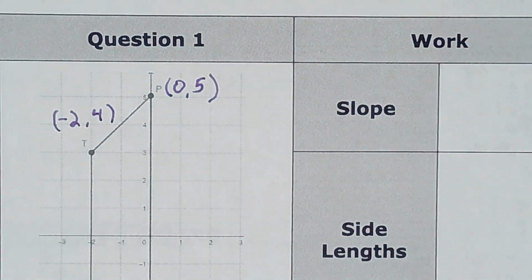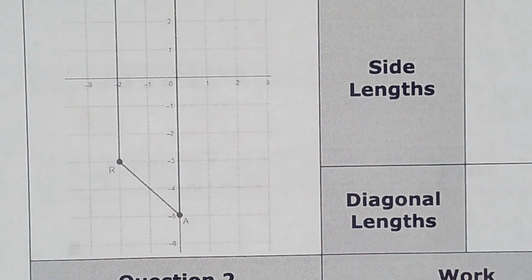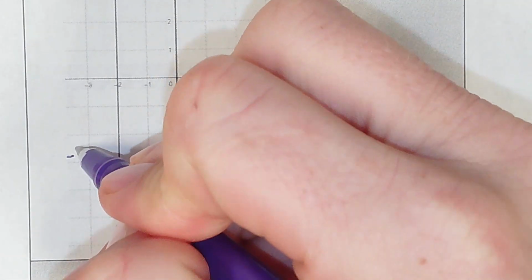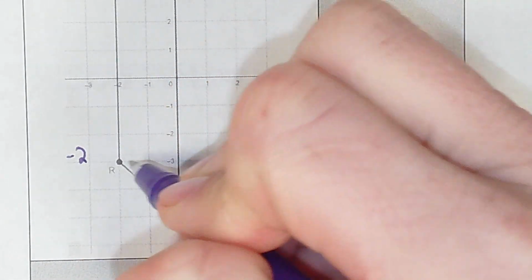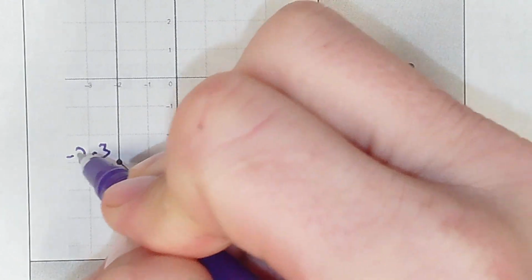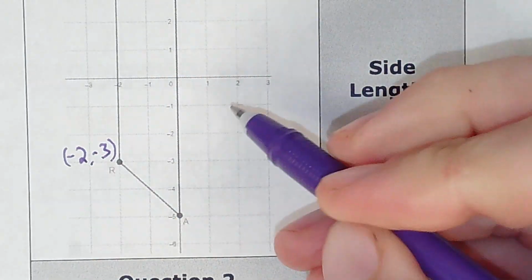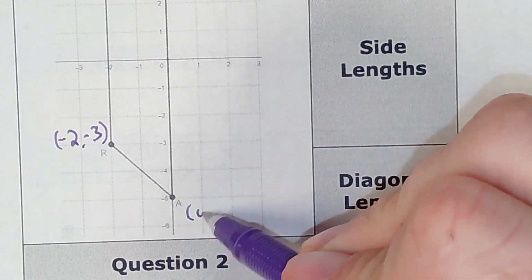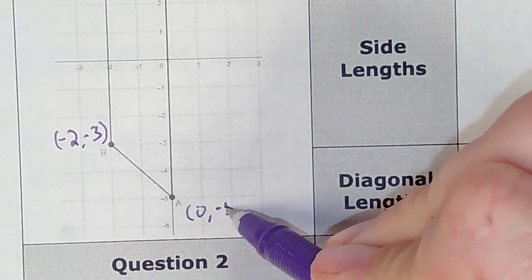That's point T. Okay, and then we have point R down here at -2, -3. And then we have point A at 0, -5.